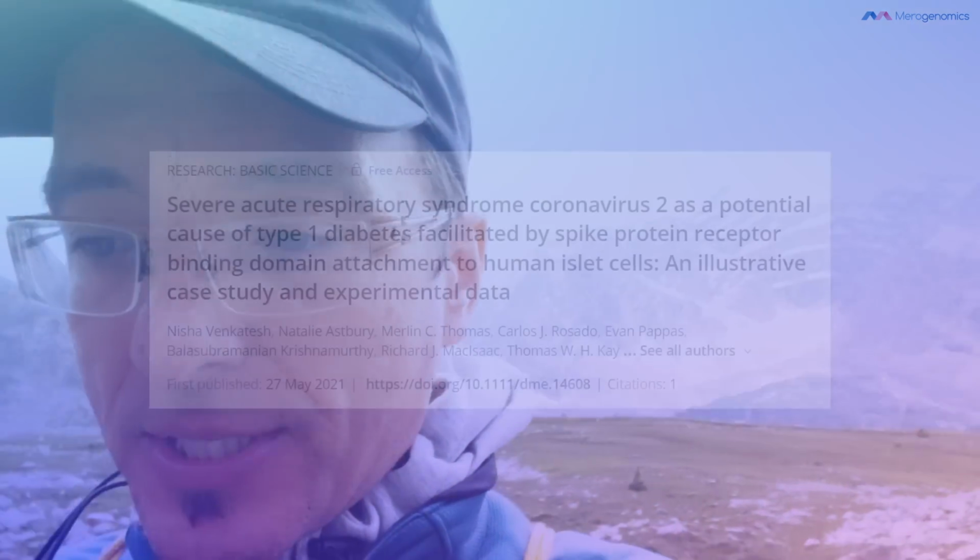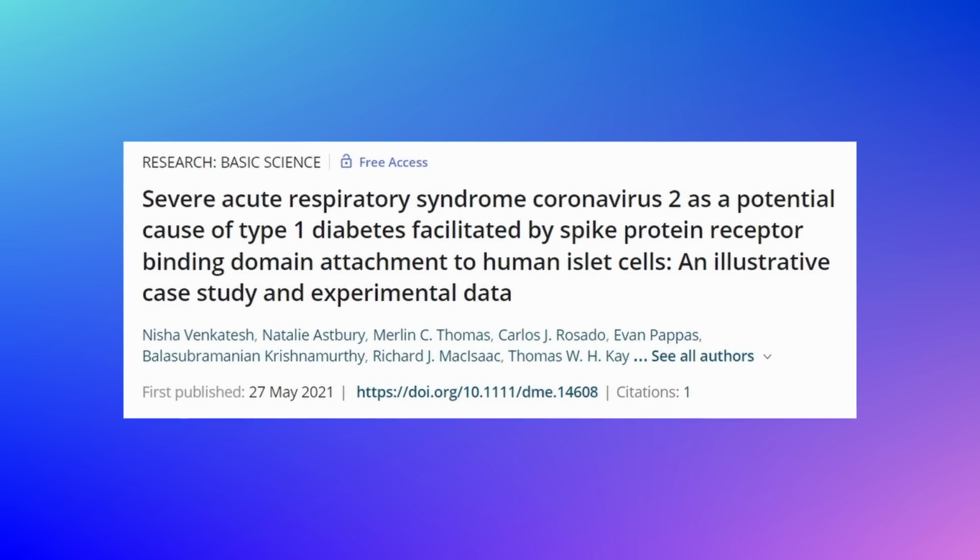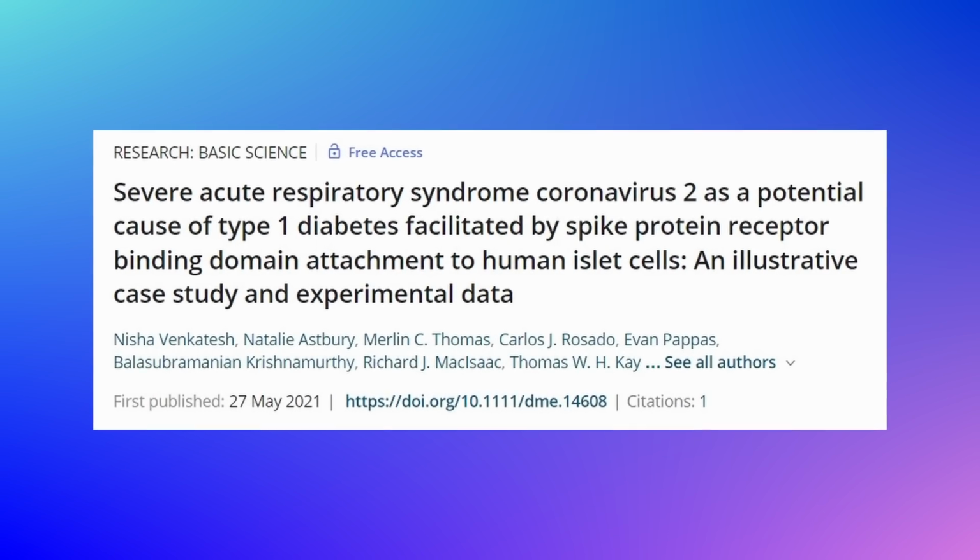And the last thing, I can mention that I read another paper that also discussed the concept that what's been observed, since we're on topic on diabetes, is that post-SARS-CoV-2 infection, there has been an increasing amount of those patients who've been infected developing type 1 diabetes.